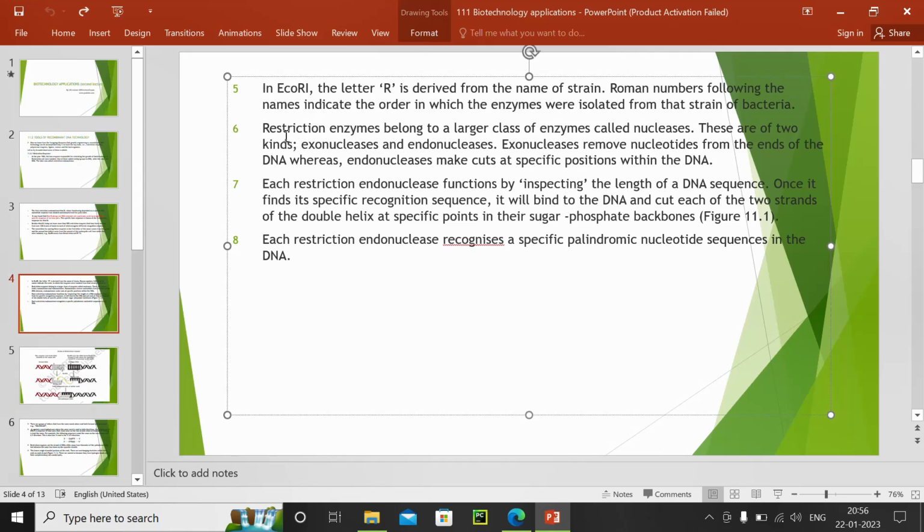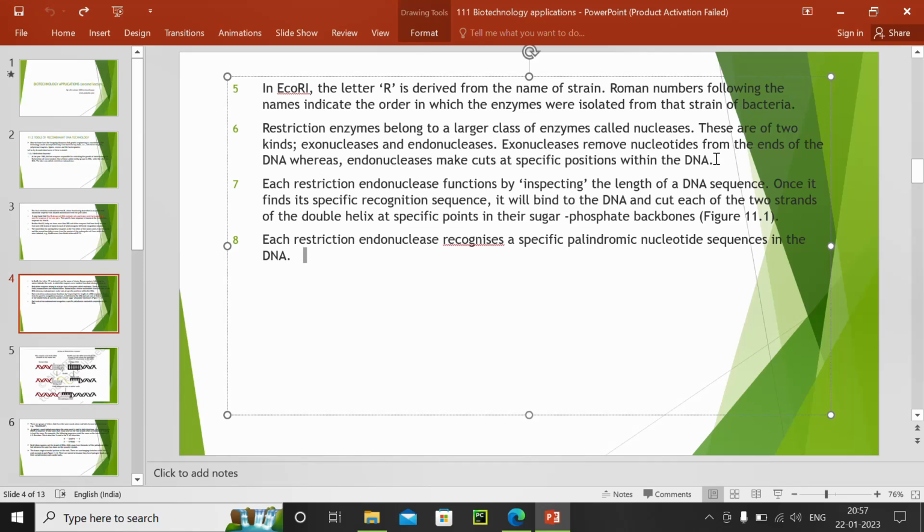Okay, so the sixth point is restriction enzymes belong to a larger class of enzymes called nucleases. Nucleases are nothing but what? Enzymes that recognize specific sequences and cut a particular DNA molecule. There are two kinds, exonuclease and endonuclease.